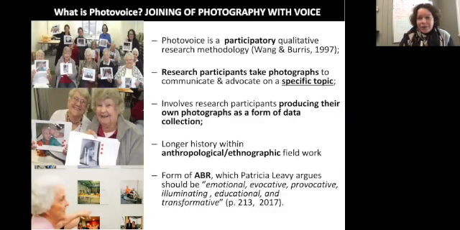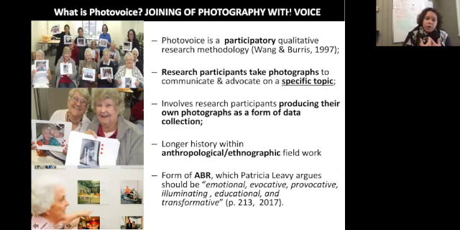When we think about photo voice, define it as quite simply the combination of photography with voice. It is a participatory qualitative research method where you ask research participants to take photographs on a specific topic, one that you want to use those photographs as a tool for advocacy or for communication or for change.